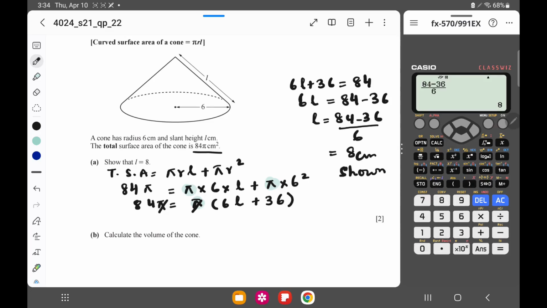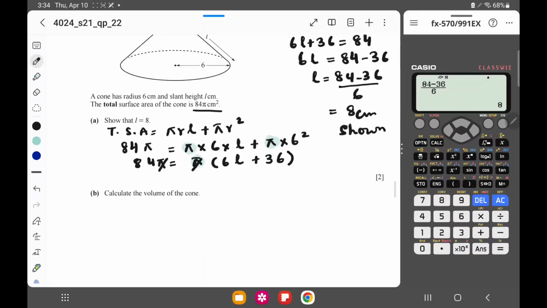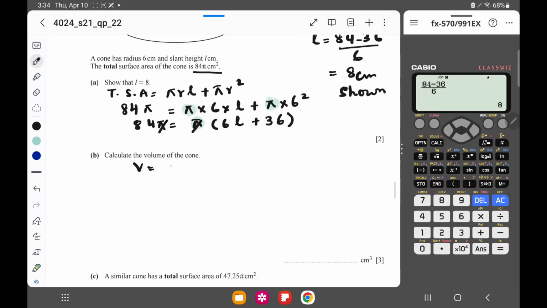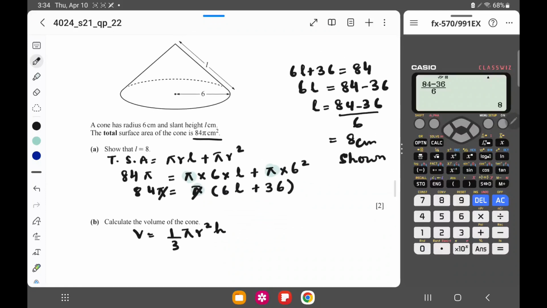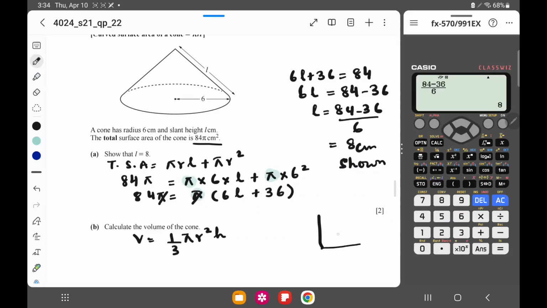Now the next thing is calculate the volume of the cone. The volume of the cone is 1 over 3 pi r square h. But the vertical height is not given in the question. What do we do? We just take the same Pythagoras theorem. I'm just making a diagram here. 6 centimeters and L was 8. Calculate this vertical height.